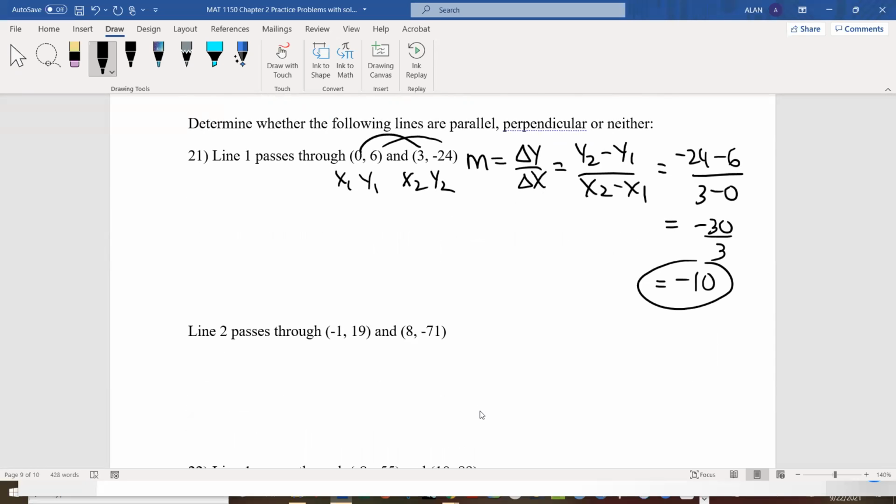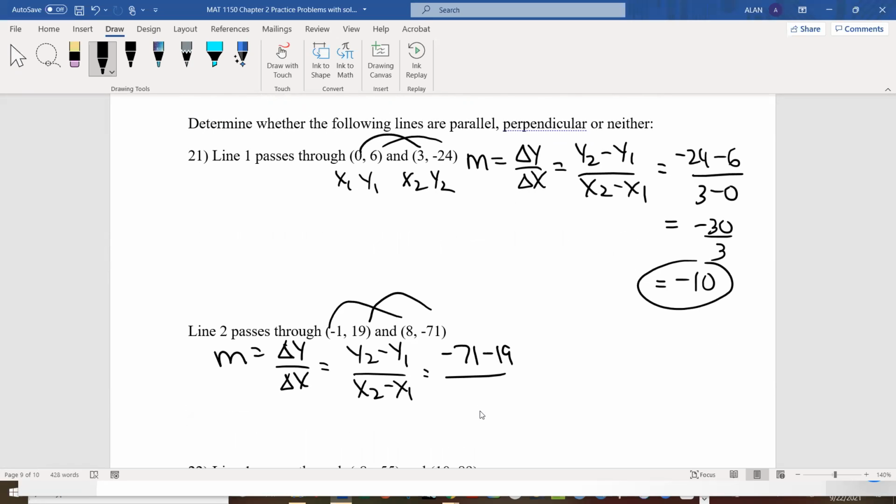And so once again, m equals delta y over delta x, negative 71 minus 19 over 8 minus 1. This is minus 90 over 9. Oh, what do you know? It's negative 10.